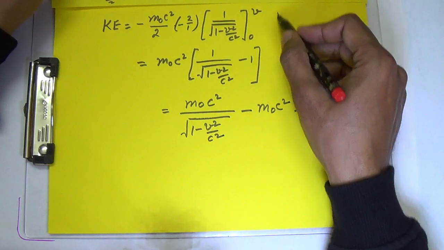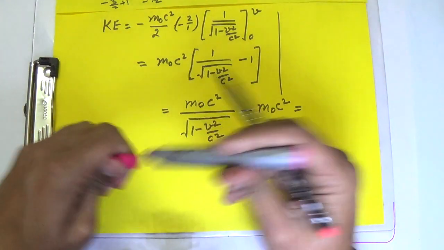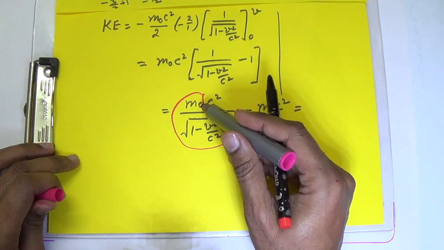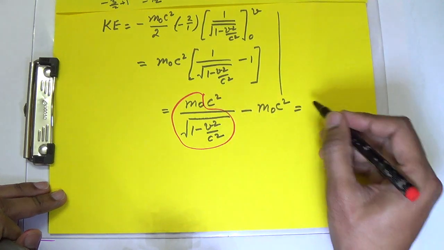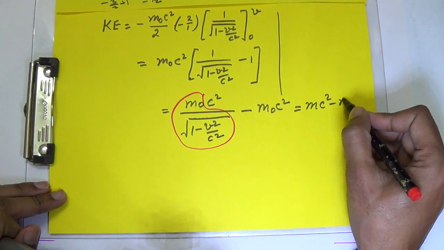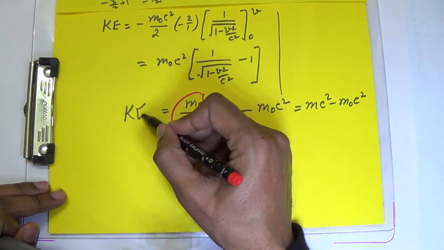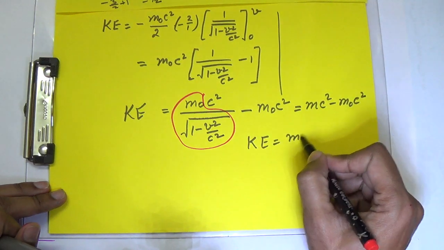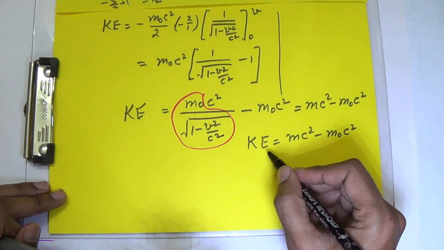We know that this factor m naught divided by the square root is m, so one can write here, instead of this, m c square minus m naught c square. So now the kinetic energy is equal to mc square minus m naught c square.